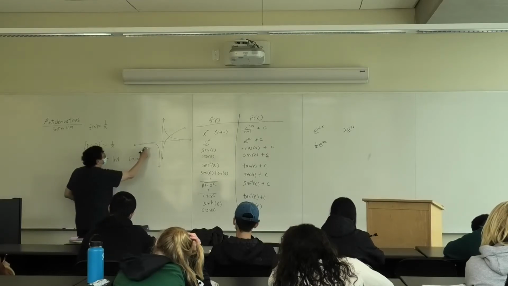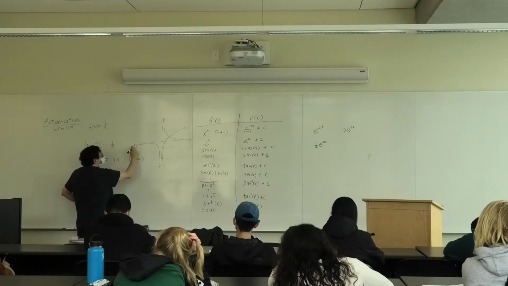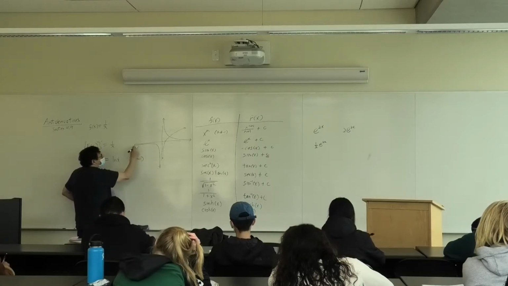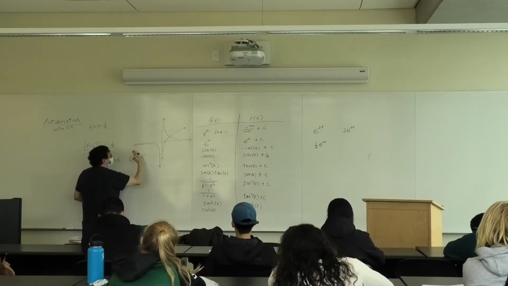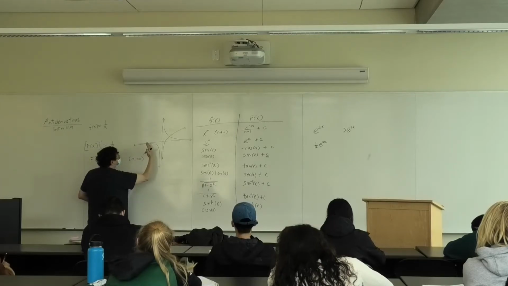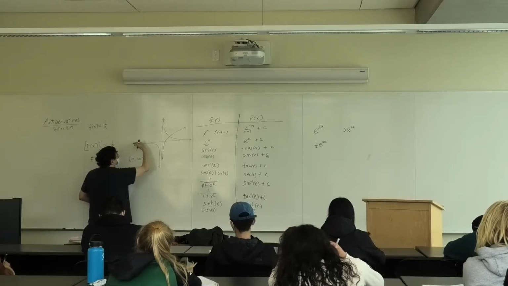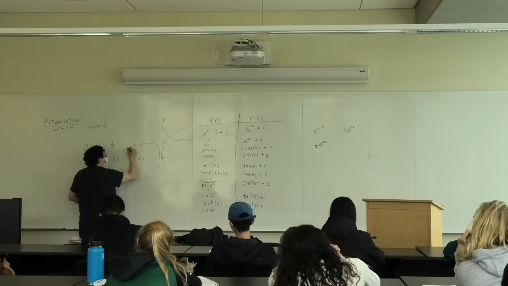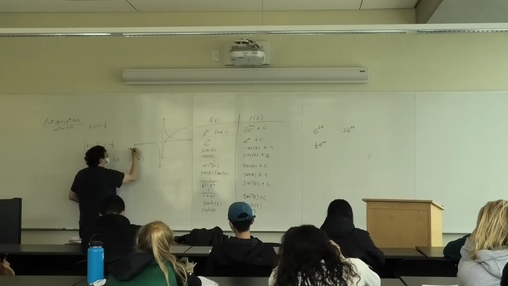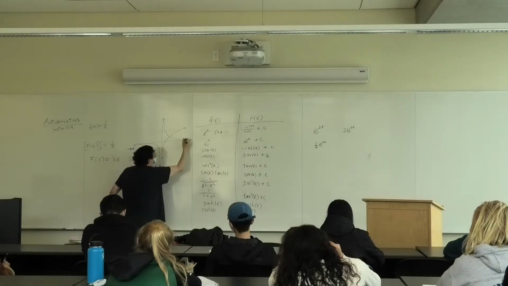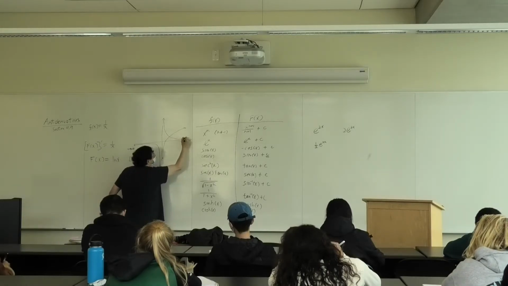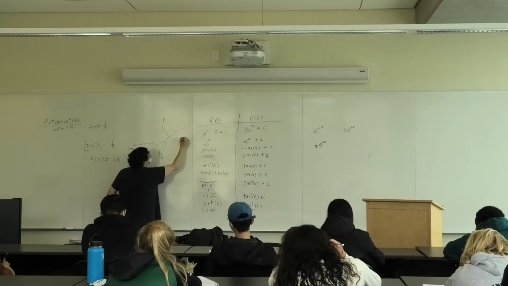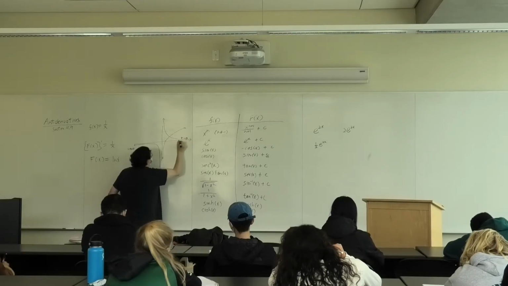Seems like as you go to negative infinity, it's going to 0, but where is it coming from? It's coming from a negative slope, right? So it's negative going to 0. This guy is also going to 0, but from positive.